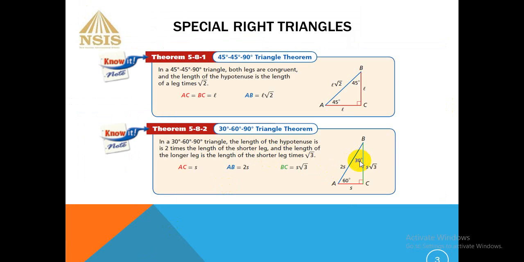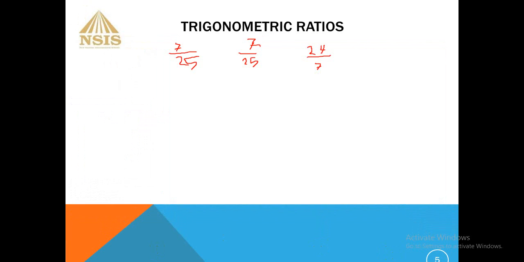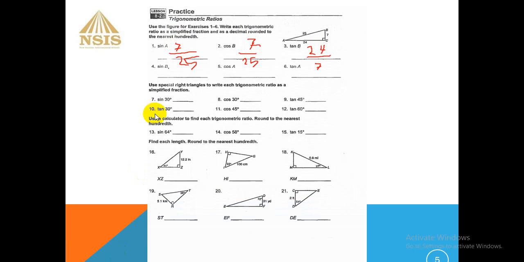Sine means opposite, which is S, over the hypotenuse. So S over 2S will give me half. And of course you can use your calculator in this.